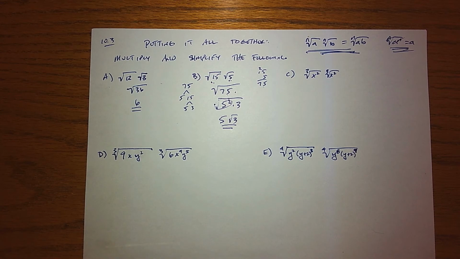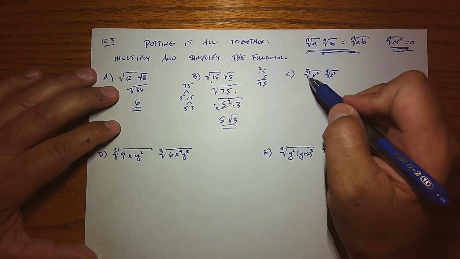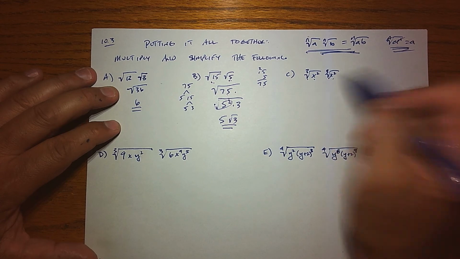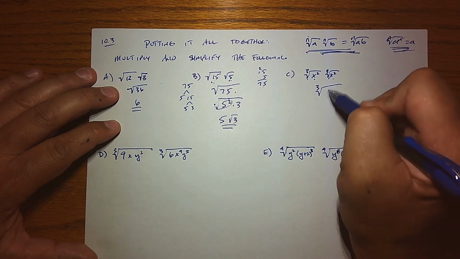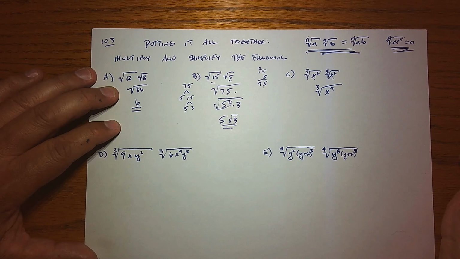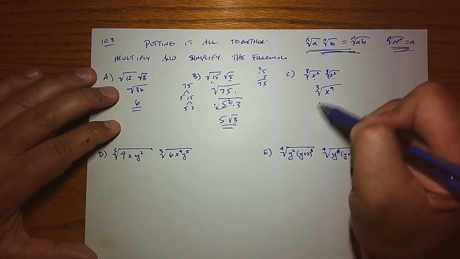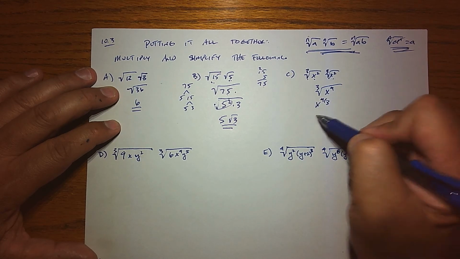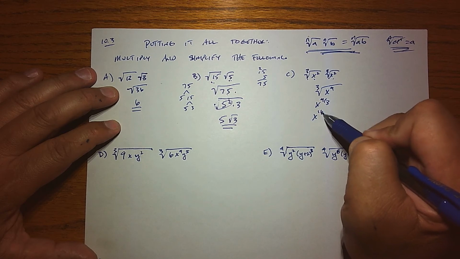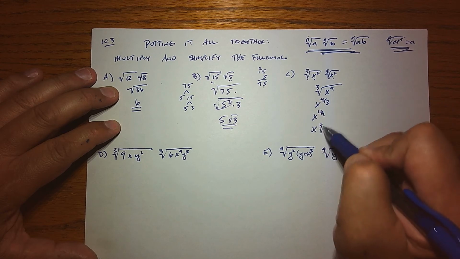It's kind of like we're going one way and reversing ourselves going the other way as we simplify. Next round we have a cube root of x squared times a cube root of x squared. So that becomes the cube root of x to the 4th. If I'm using my shortcut, I'm thinking that this is x to the 4 thirds, which is 1 and 1/3. So we get x times the cube root of x.